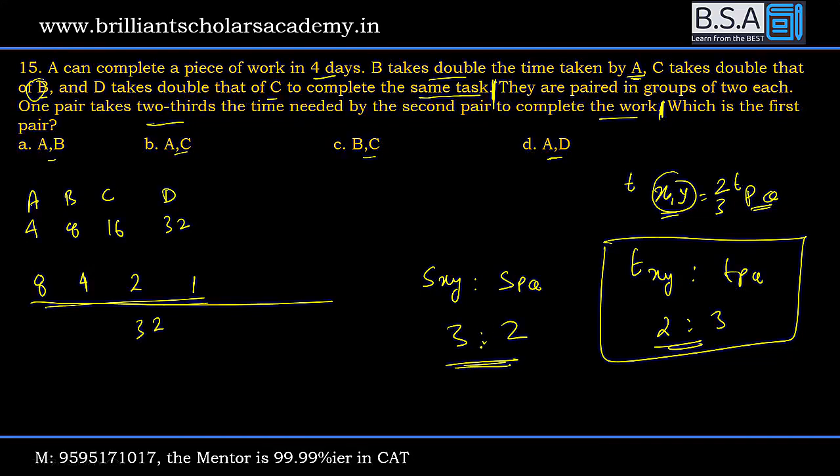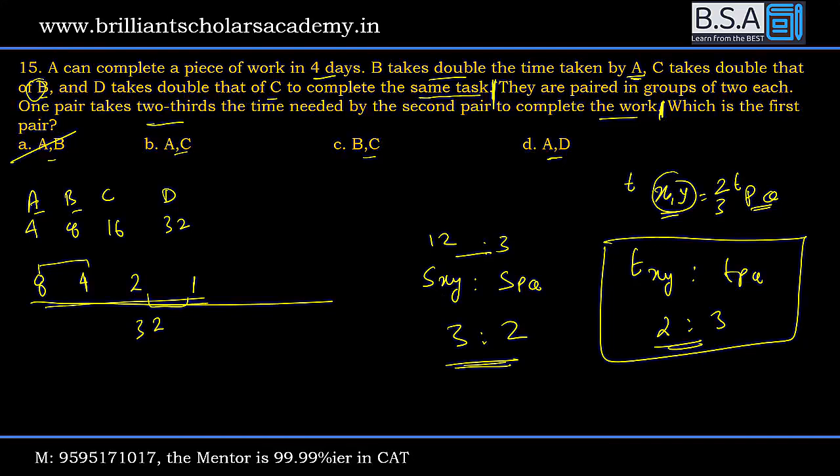You do not have to actually find out time. That might come out to be decimals. Don't do that. So let us say if A and B are XY, what is their speed? 12. So C and D are the PQ. Their speed is 3. Is the ratio 3/2? No. AB cannot be the first pair.